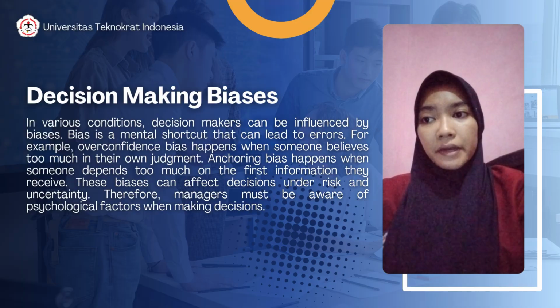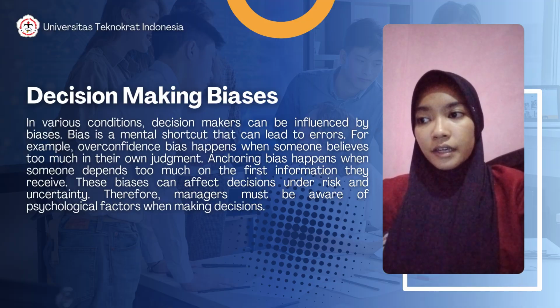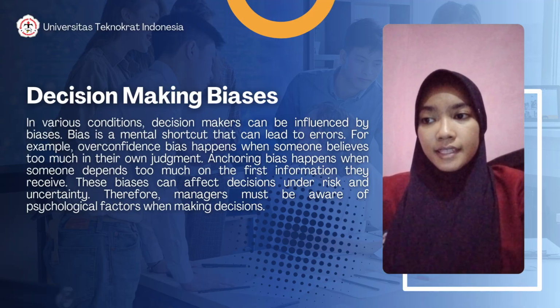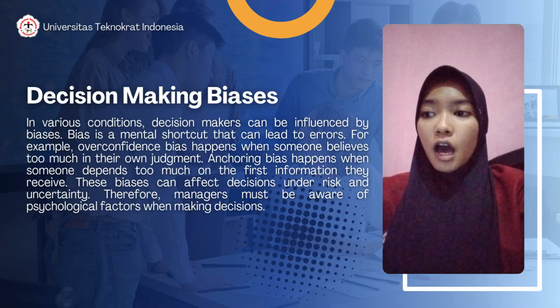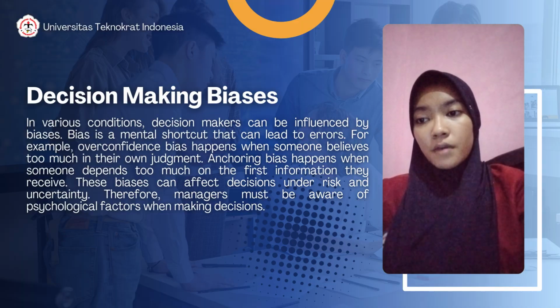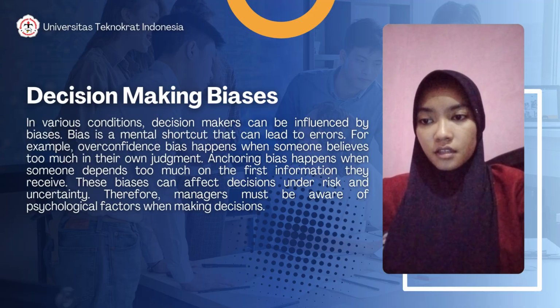Next, decision-making bias. In various conditions, decision makers can be influenced by bias. Bias is a mental shortcut that can lead to error. For example, overconfidence bias happens when someone believes too much in their own judgment.